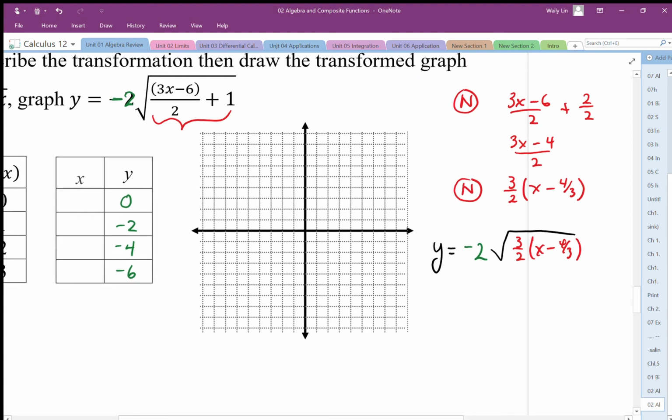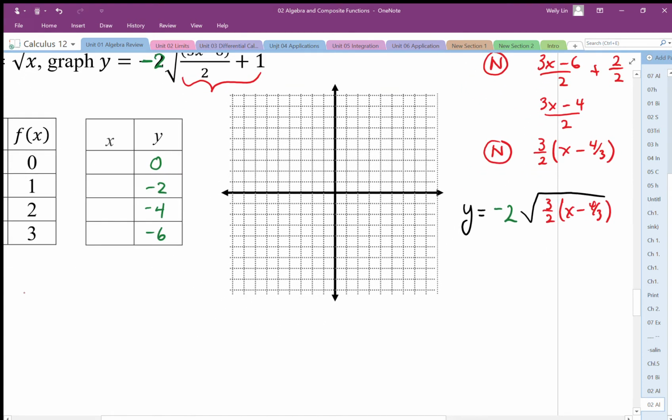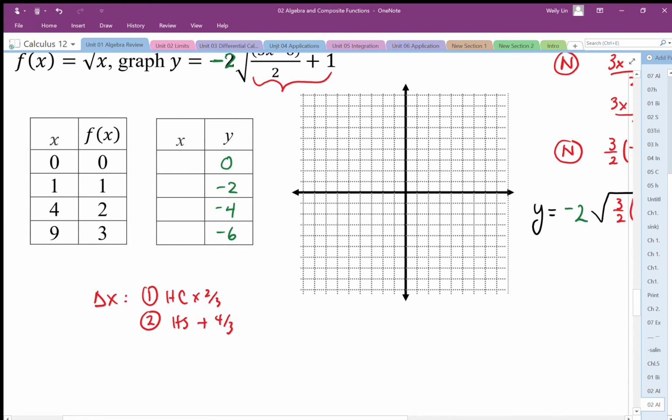So I know the process of this: the first step, change in x, is a horizontal compression by 2/3, and then shift last, horizontal shift plus 4/3. Okay, so I'm just going to apply that. So it's going to times it by 2/3 and add 4/3.